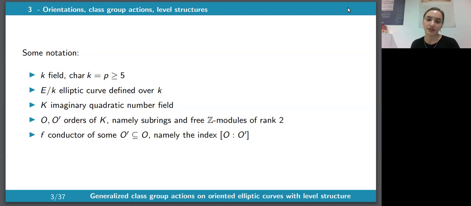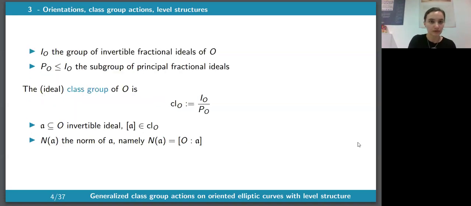Recall that orders are subrings of K that are also free Z-modules of rank 2. f will usually denote an integer, which will be the relative conductor of some suborder O prime of some other order O, namely the index of O prime inside O. This conductor will also always be taken coprime to the prime characteristic of the base field.